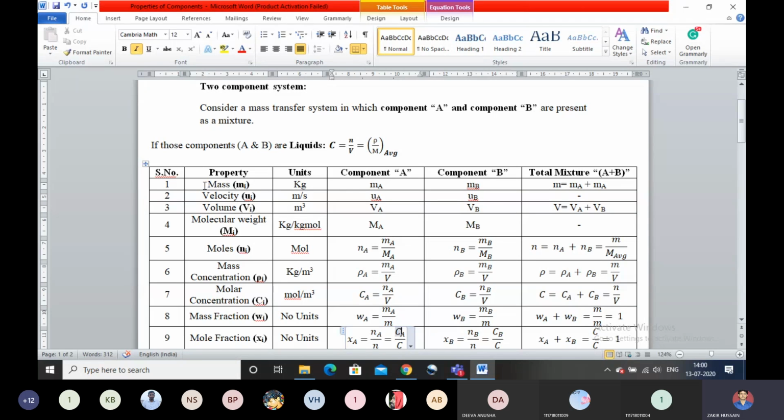Mass is the fundamental property, which for the ith species we denote as m subscript i, whose unit is kg in SI.